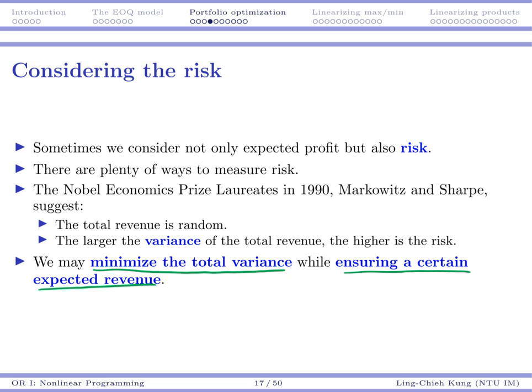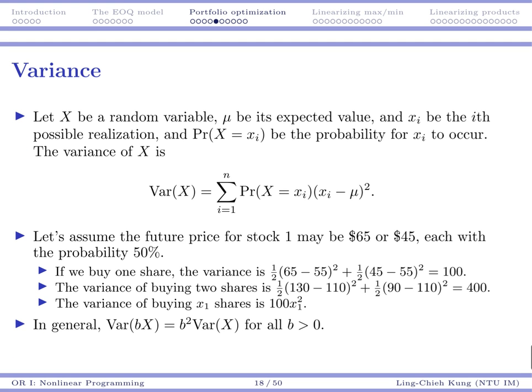What does that mean? I want to earn some money back in expectation while minimizing my total variance. I want to use the lowest-risk way to guarantee some expected revenue. So let's see how this may be done.